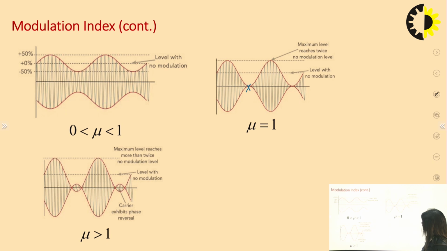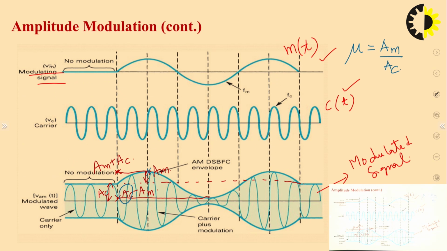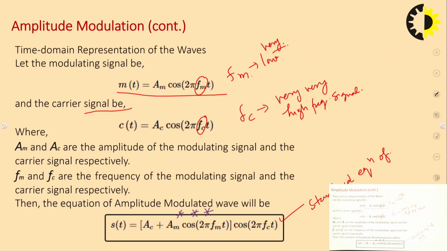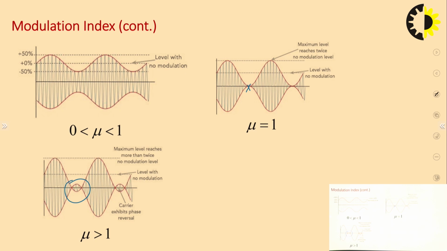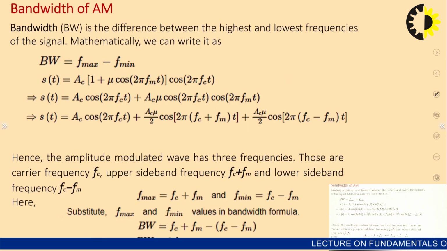If mu is greater than 1, then AC would be less than AM, and the graph will get overlapped. This will go down and this will go up, and here it will be an error. It is not always possible to obtain exactly mu equal to 1, so the case of mu less than 1 is well suited for amplitude modulation.